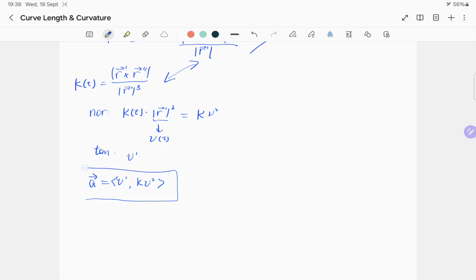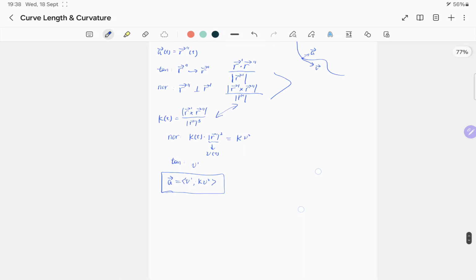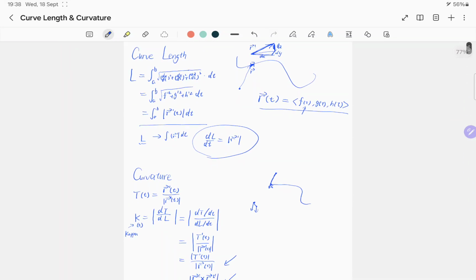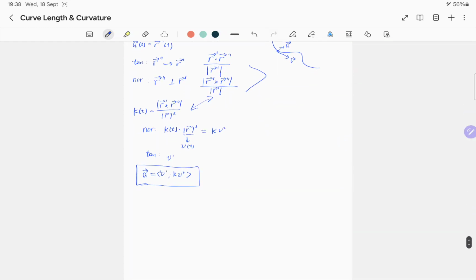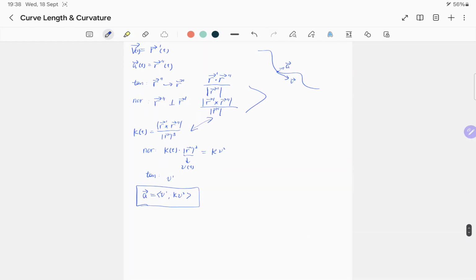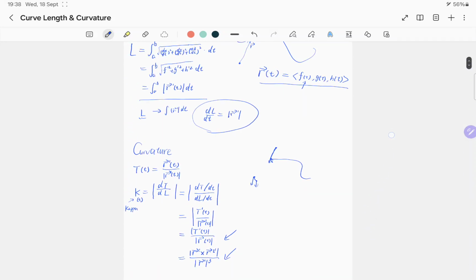And I think this is really beautiful. So that's all for the curve length. We have an equation to solve for it, for curvature we have two ways to solve for it, and finally the accelerations along and perpendicular to the velocity vector. And that's all. Thank you for listening.